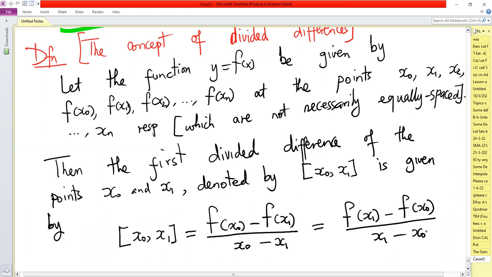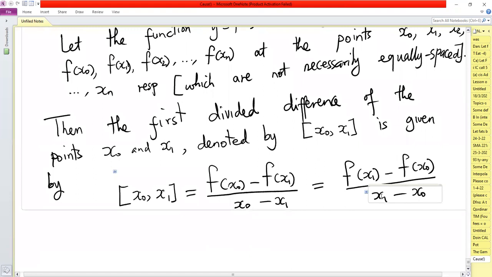So it's simply given by the quotient of the value of the function at x0 minus the value of the function at x1 over x0 minus x1, or f of x1 minus f of x0 divided by x1 minus x0.